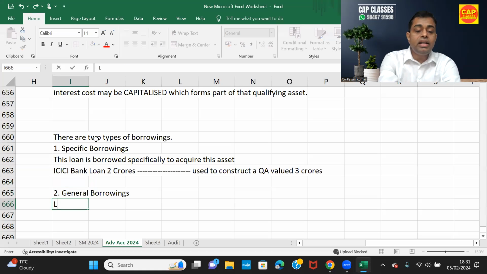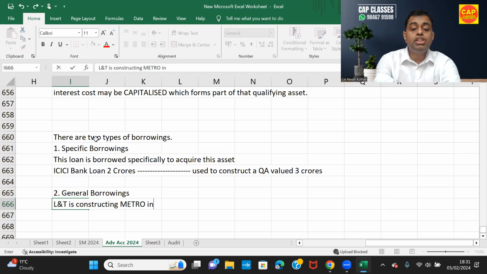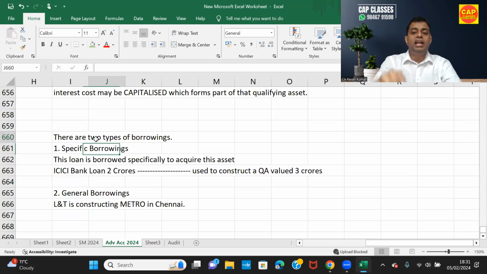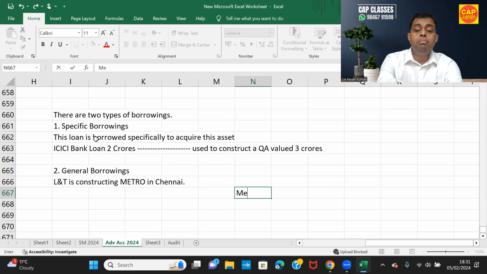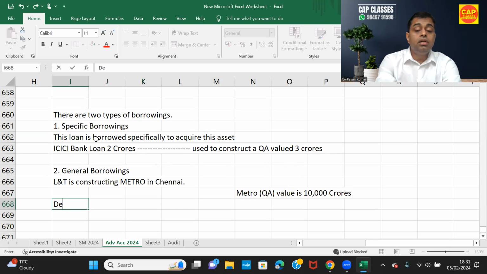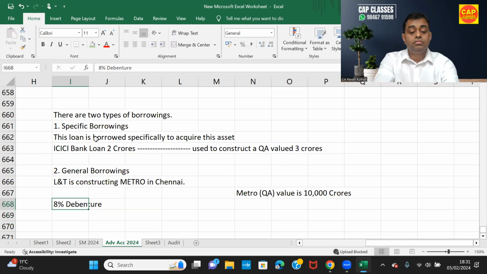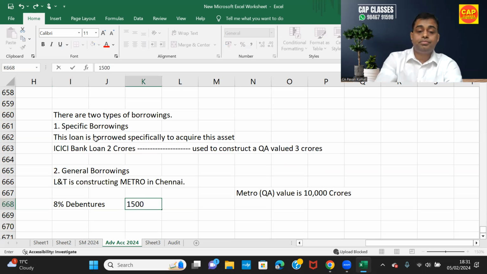Now, L&T is constructing a metro in Chennai. The metro is a qualifying asset. Value is 10,000 crores. L&T has 8% debentures, 1,500 crores.